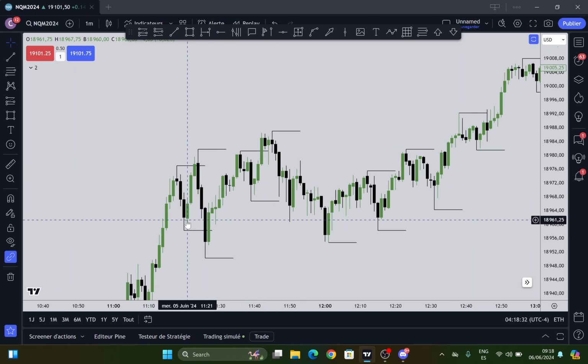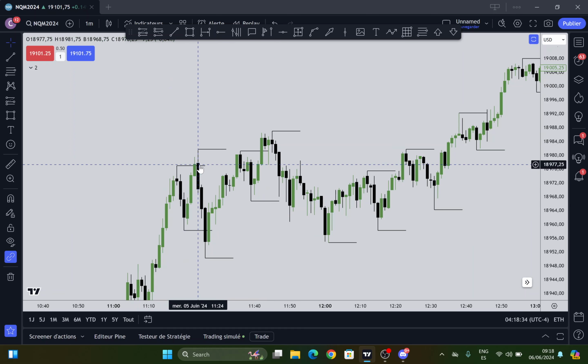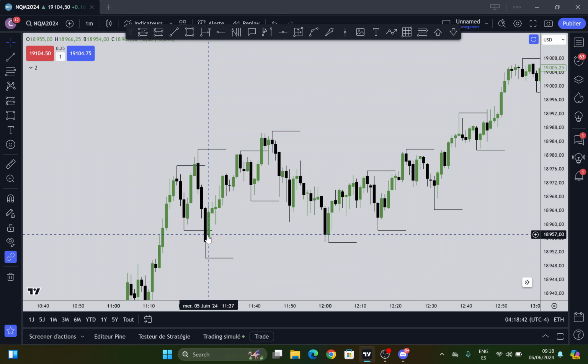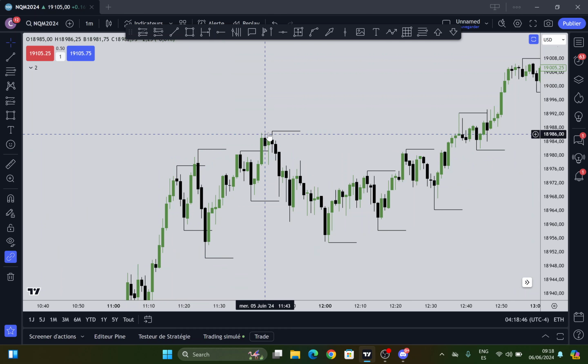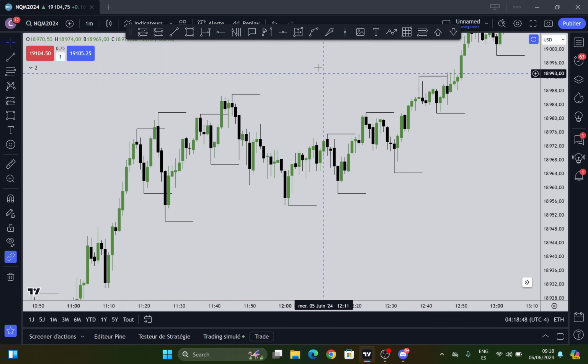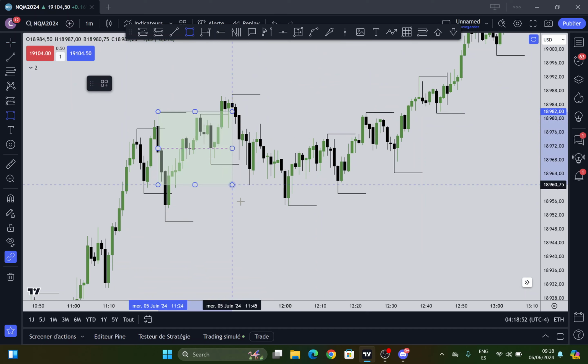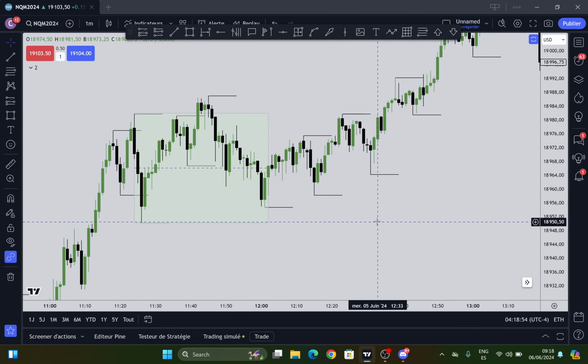So this is a zone, a fake one. Look, they won't displace above it, right? And they will take its low, right? So when they take the low, I will wait for them to take the high, okay?